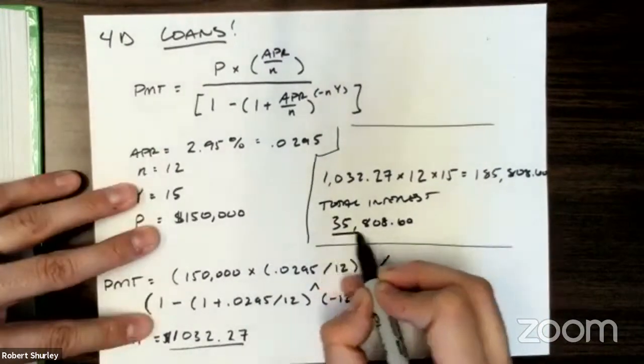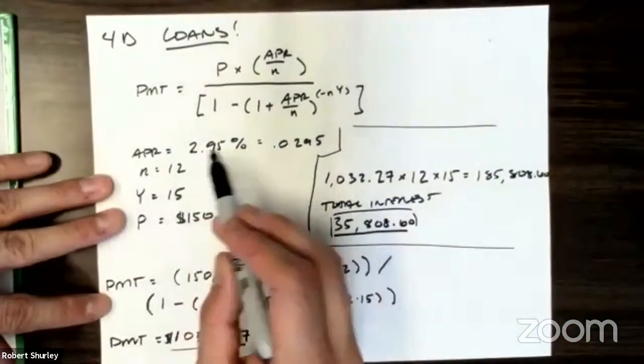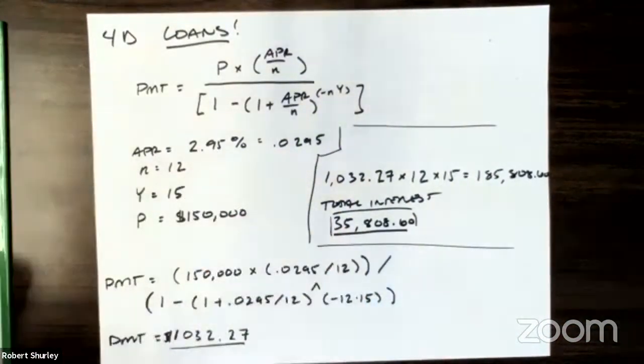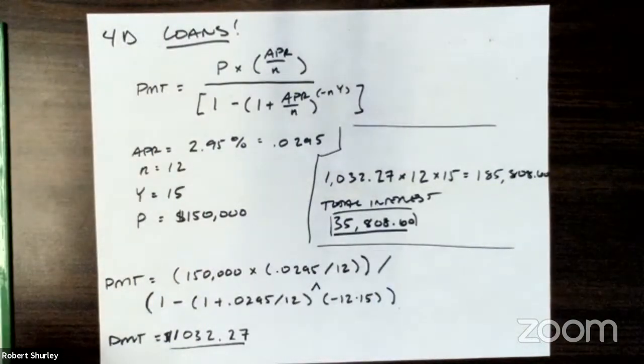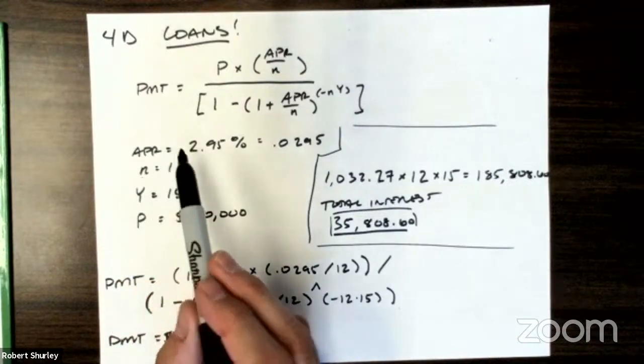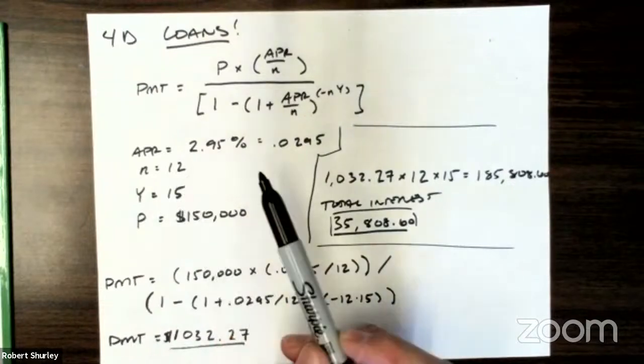So let's say for some reason, which is not usually true, we can get the same interest rate, but we're going to do this for more years. Instead of 15 years, we're going to do 30 years.